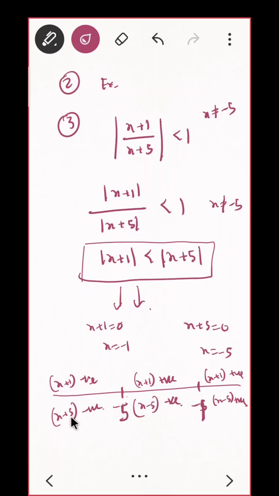So this is negative, this is true. And what about this? This will be positive here and this is again negative, correct? And what about this both? Is it correct now? Yes. Okay, perfect. So do you understand the trick?